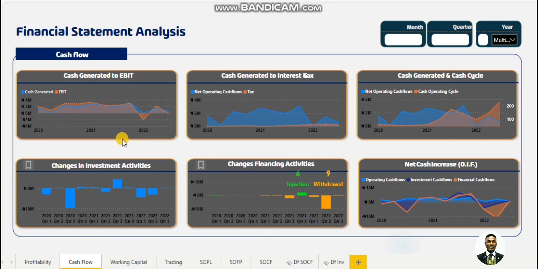Now, why do we need to pay attention to the gap between these two things? Recall that sometimes in the financial statements, based on the accrual method of accounting, some activities for which cash did not either go in or out are being recorded.